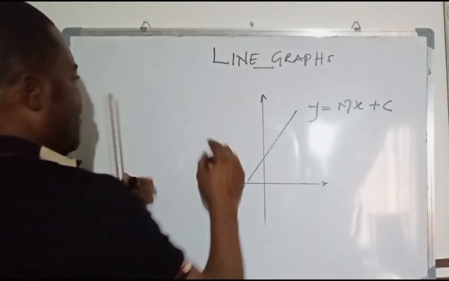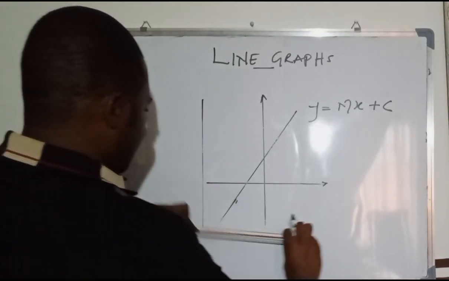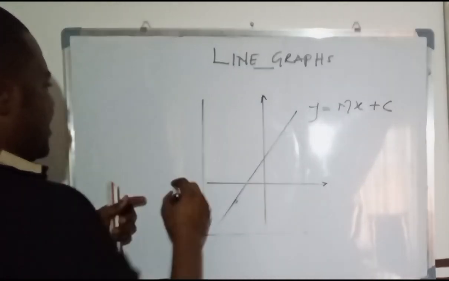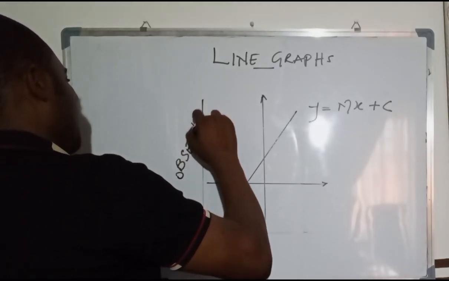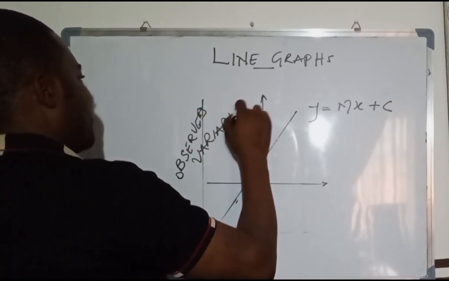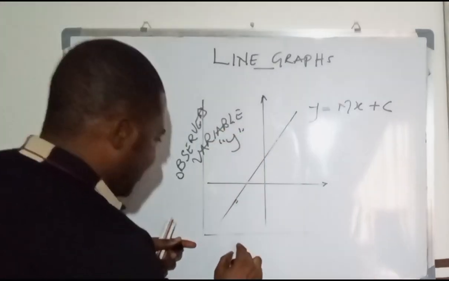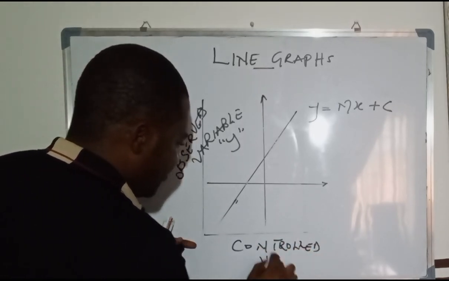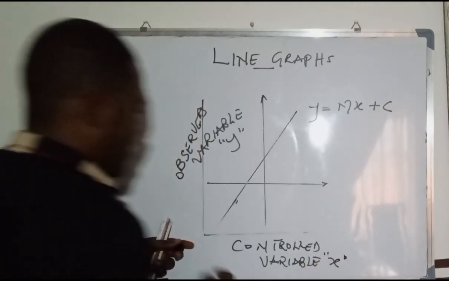So this side of your graph is the observed variable, and that is usually y, and this side is the controlled variable, and this is usually your x.